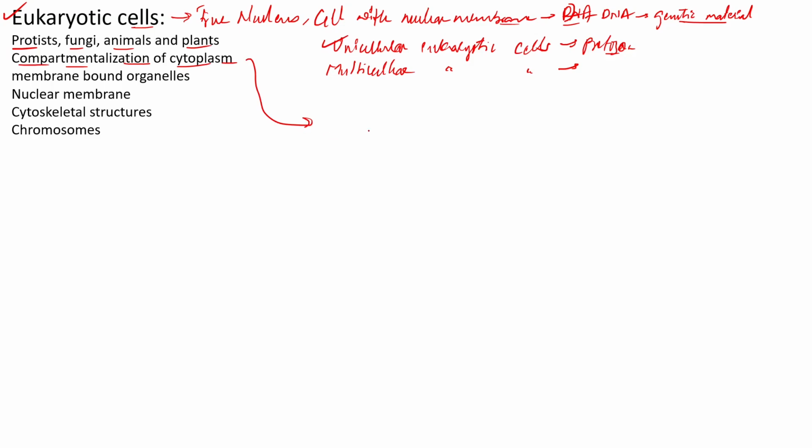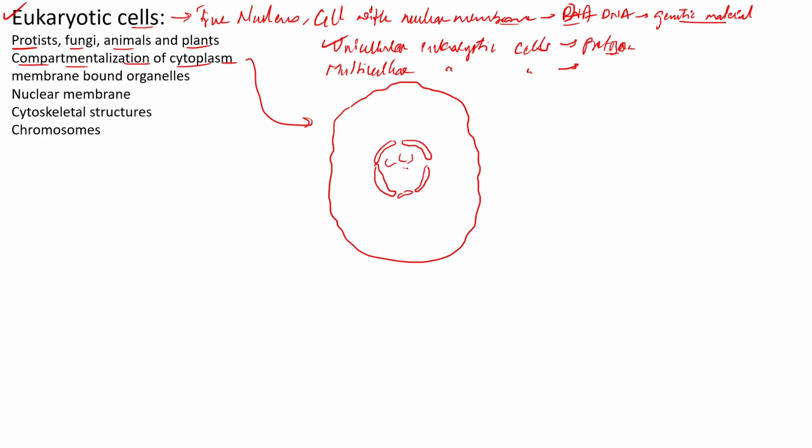We can draw a diagram here, and if you draw this as your animal cell, just for representation, you can see the nuclear envelope, and here you find the thread-like structure, that is the chromatin.